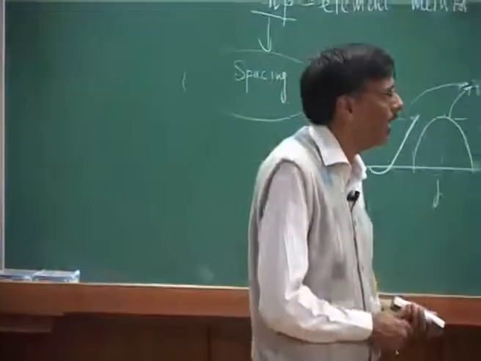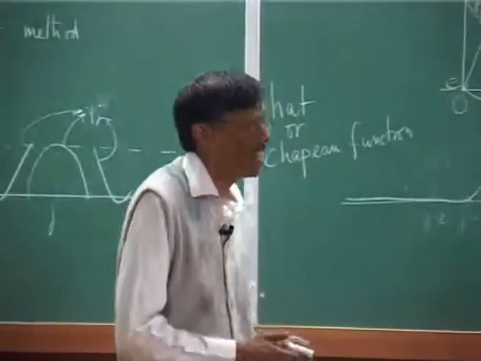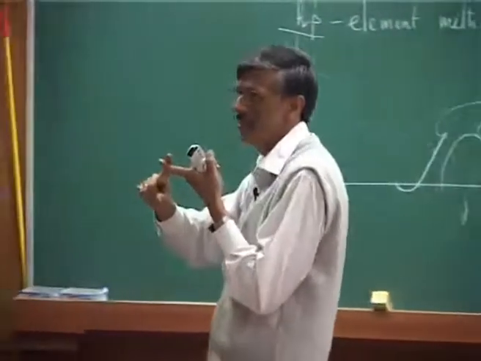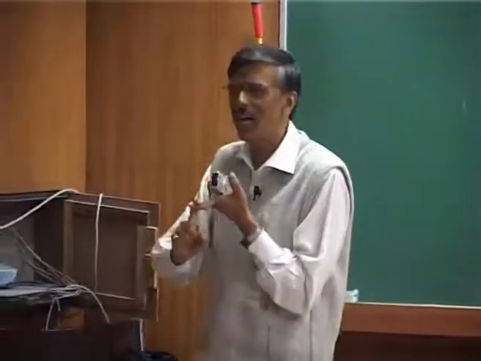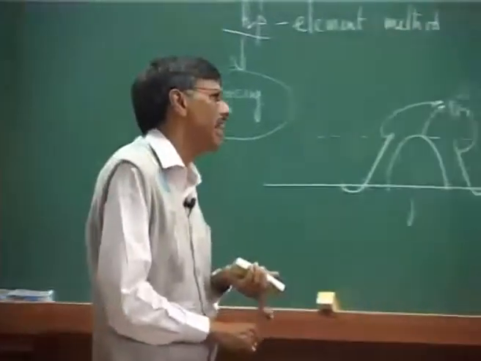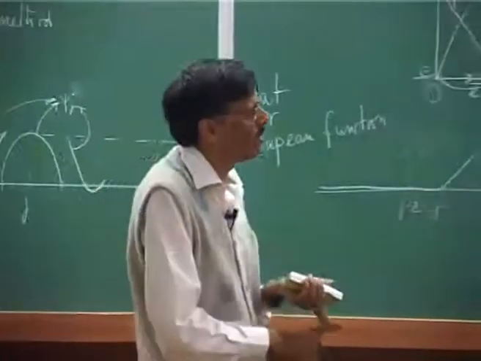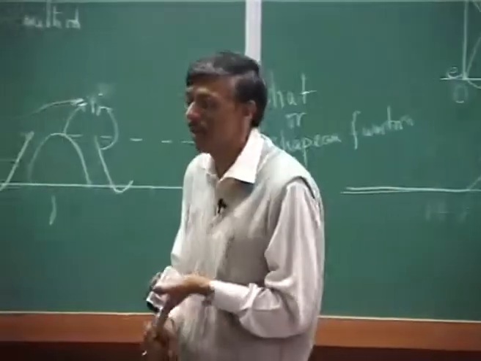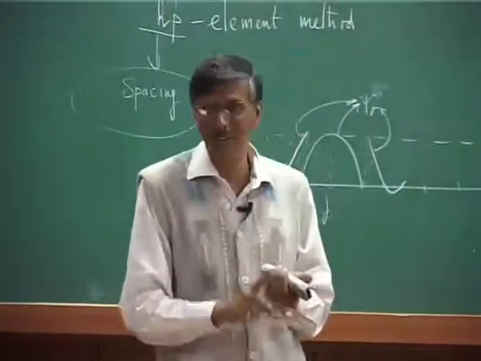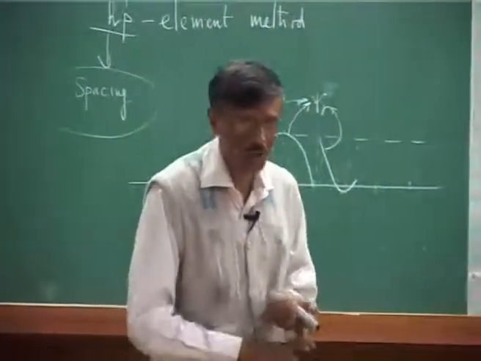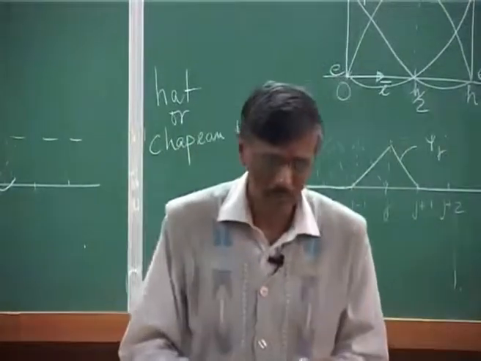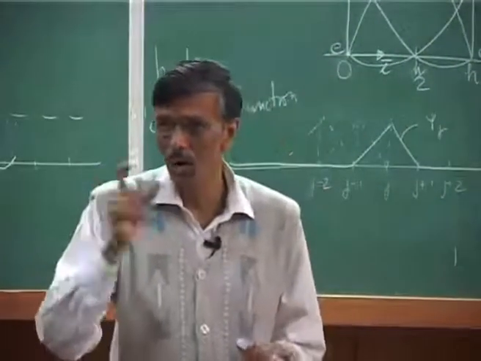Now, let us observe that the linear basis functions here are not orthogonal. We have two functions, psi 1 and psi 2, and they are not orthogonal. That is why, although in some books you will see that the spectral method and the finite element method, especially the Galerkin kind, are clubbed together, one of the differences is that in the spectral method the basis functions are all orthogonal to each other, whereas in FEM we give up that condition in favor of low order polynomials.